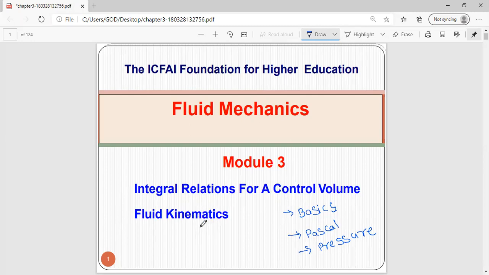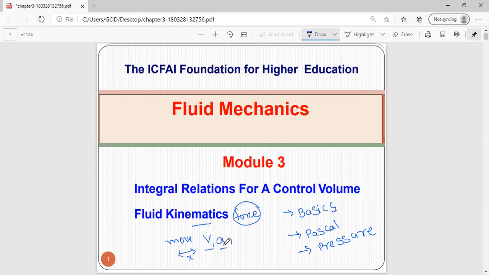In fluid kinematics, we'll discuss velocity, acceleration, and movement of fluid, that means flow of fluid, that is displacement, without considering the force effect. That means we neglect the cause and study the effect.